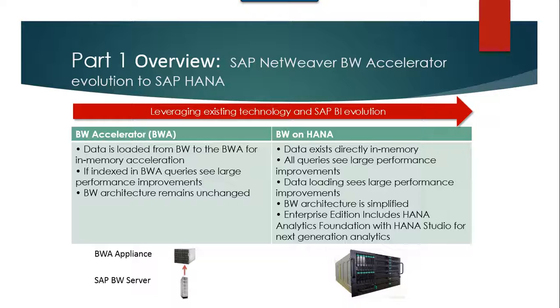If indexed in BWA, queries see large performance improvement, and the BW architecture remains unchanged. But for the new one, we have BW on HANA. Data exists directly in memory. All queries see large performance improvement. The loading also sees a large improvement.